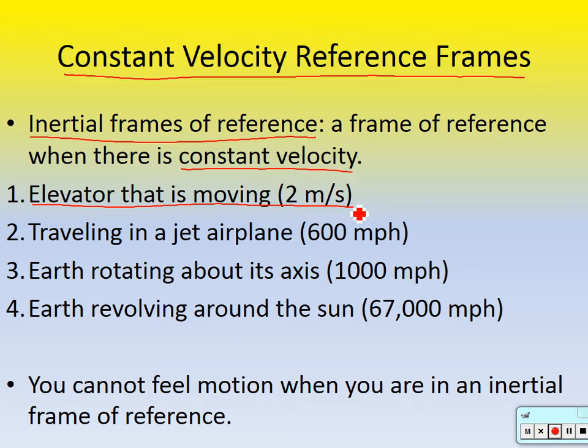You can't. Now when you get in an elevator, initially you feel that acceleration. We can tell we're moving. And right when you're about to get to the floor you want to get off on, it slows down and you can tell that you're moving then. But in the middle section, where it's moving at constant velocity, could you tell you're moving? No. Okay. That's called an inertial frame of reference. What about traveling in a jet airplane at 600 miles per hour?